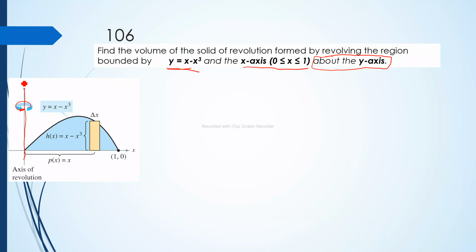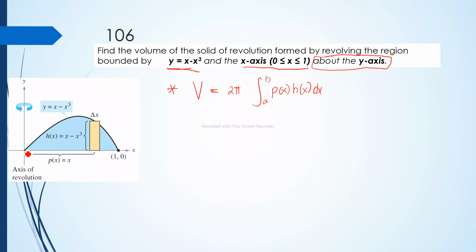So here, we are going to apply the shell method or the cylindrical method. Just remember, the volume, since the shell here is revolving along the y-axis, is equal to 2 pi times the integral of the radius p of x times h of x dx from a to b.